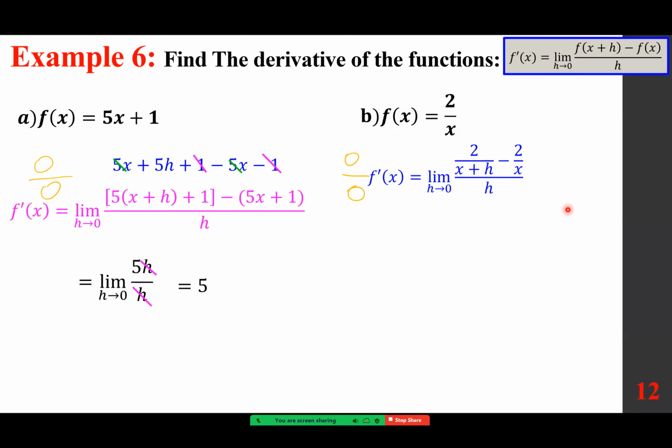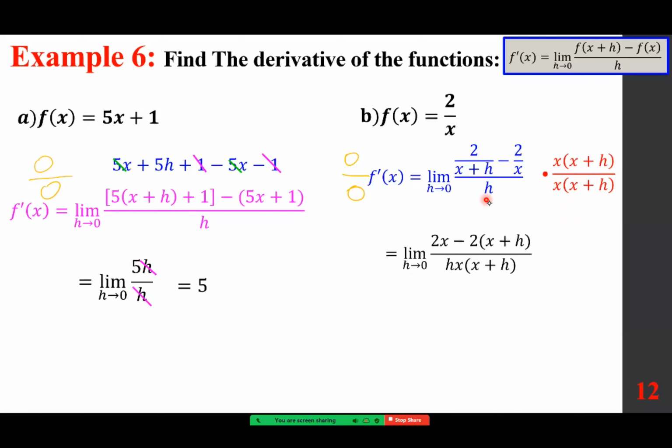We're going to multiply the top and the bottom by that. When you multiply by this, x plus h goes away, and it becomes 2x. If you multiply it by 2 over x, x and x go away, minus 2 times x plus h. And as always, the denominator is not touched. We keep it in product form because h approaching 0 is a problem we want to get rid of.